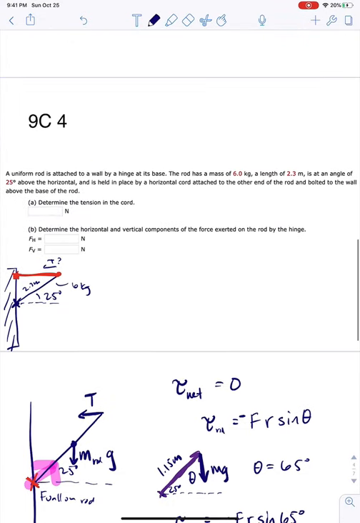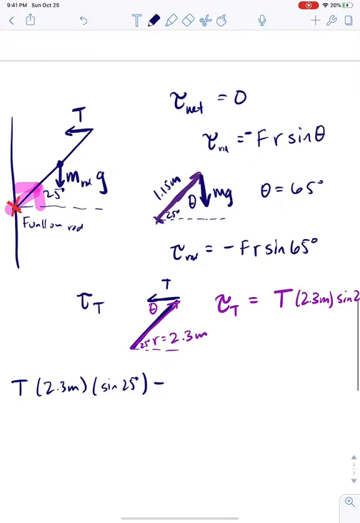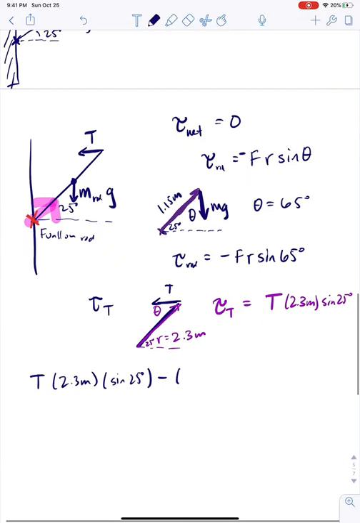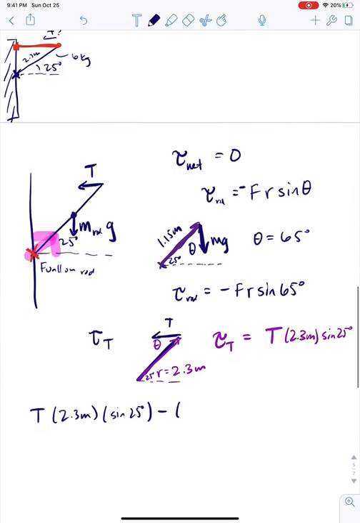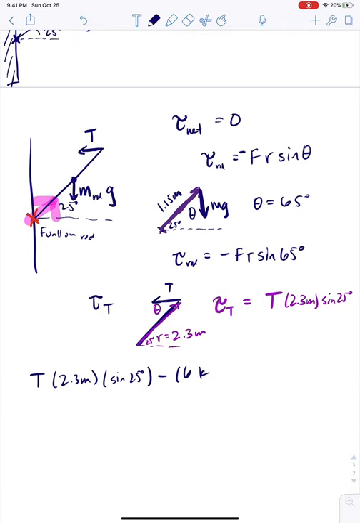our force from the rod, which is the mass of the rod, which was, sorry about that, 6 kilograms times 9.8 meters per second squared, times our radius, which is 1.15 meters, times sine of 65 degrees, and that equals 0.